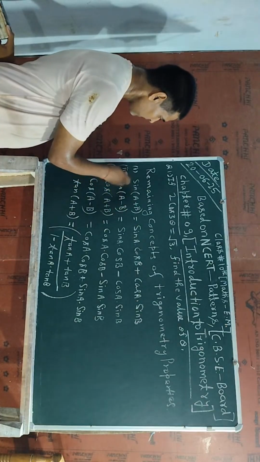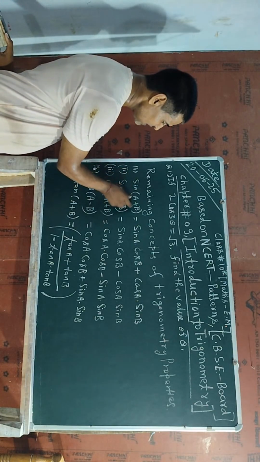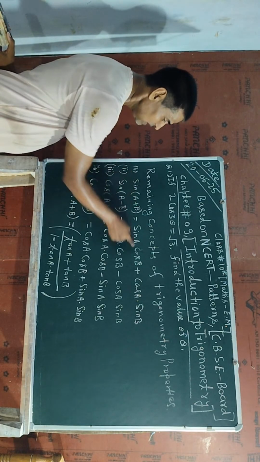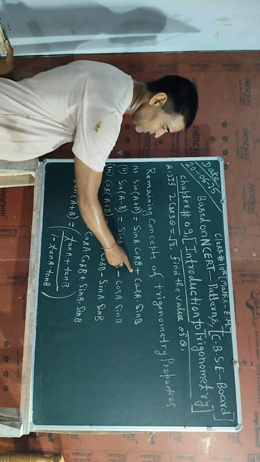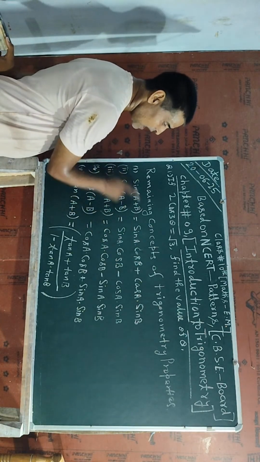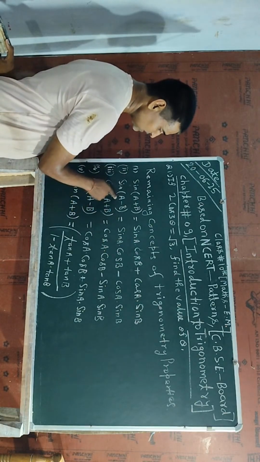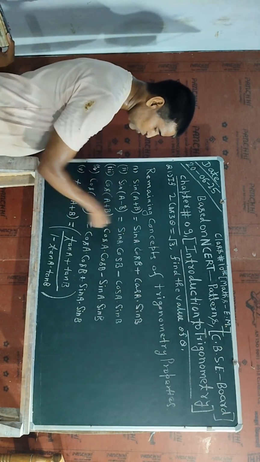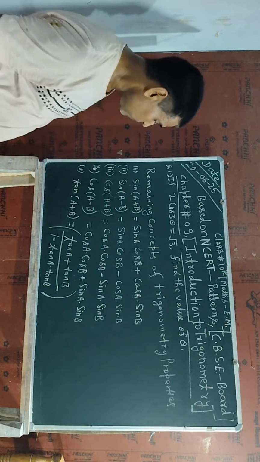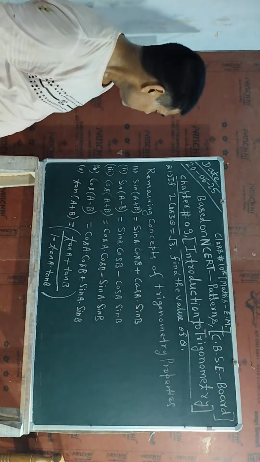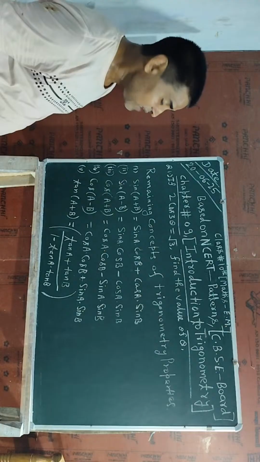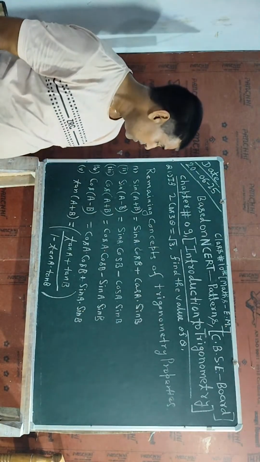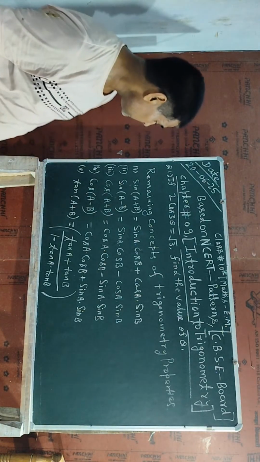So if you are using this formula, you have to take both angles, and if the expression is in this form, you have to take the minus sign, and similarly you have to apply all the formulas for getting your result. Okay student, I hope you know this formula very well.